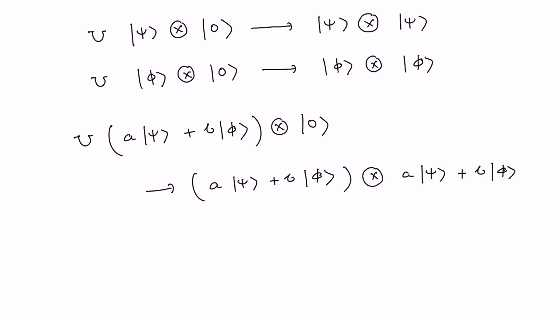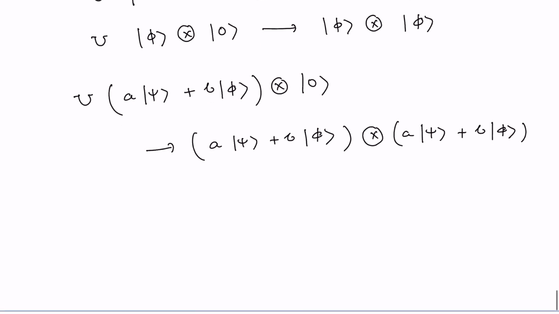If I open up this whole direct product, then I am going to get the state a²|ψ⟩⊗|ψ⟩ + ab|ψ⟩⊗|φ⟩.